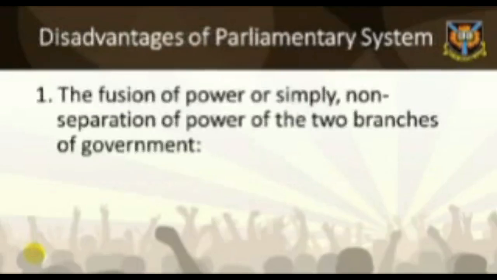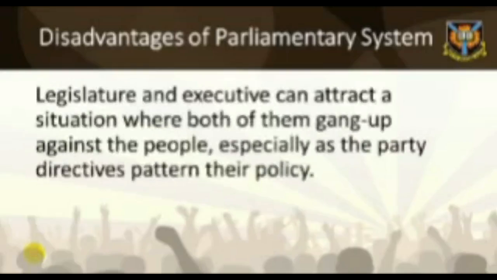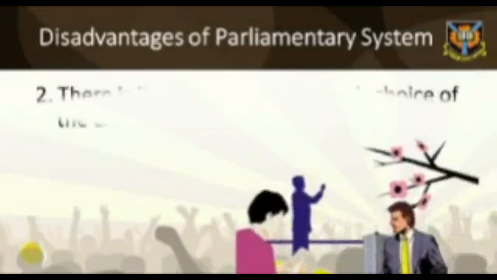Disadvantages of parliamentary system. 1. The fusion of power, or simply non-separation of power of the two branches of government, the legislature and executive, can attract a situation where both of them gang up against the people, especially as the party directives pattern their policy. 2.